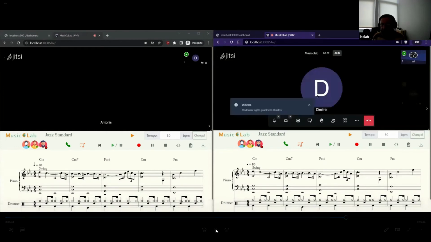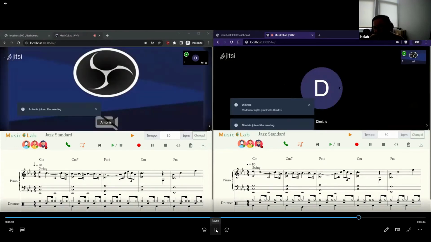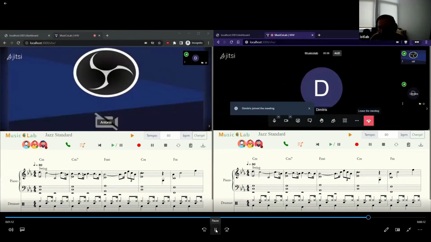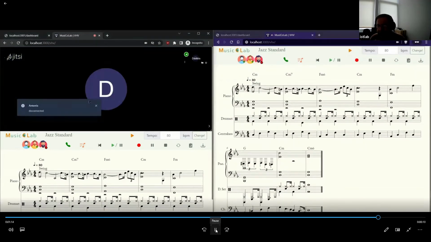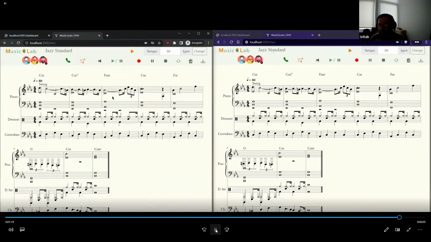Now, the materiality of this experience is still unknown. We cannot, by looking at the software, determine how this synchronous and real-time collaborative system is initiated or facilitated.